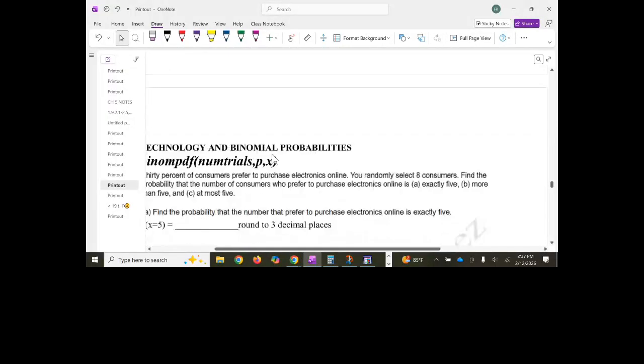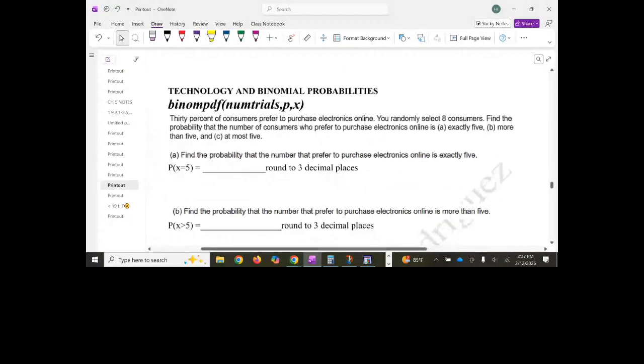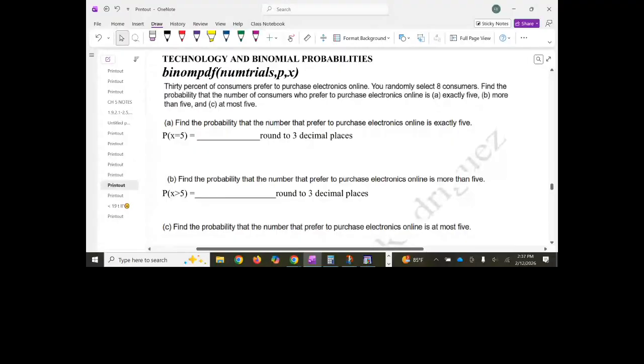All right. Now, the reason why I want you guys to get comfortable with the graphing calculator is that the regular calculator, on this guy right here, doesn't have this function.